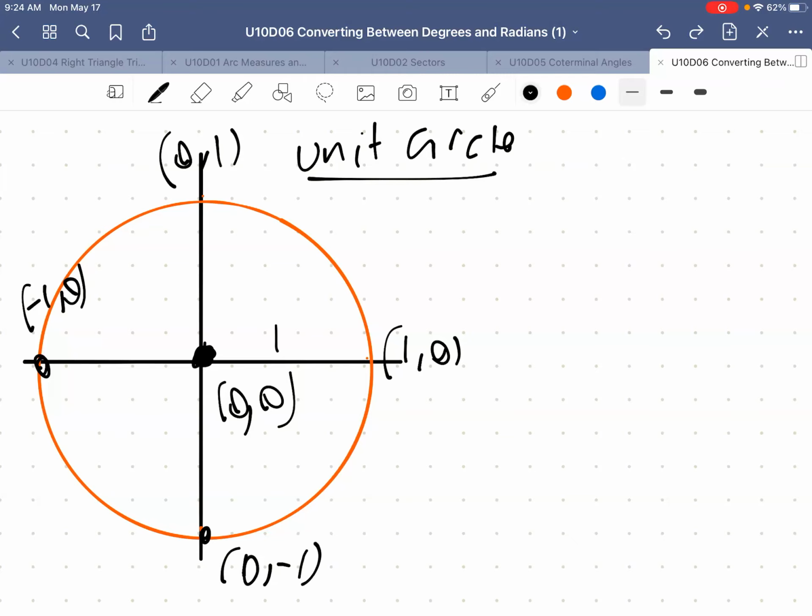Like for instance, we know that this angle is 90, this angle is also 90, this angle is also 90, and this angle is also 90, and that's because we know that 360 degrees is split up evenly into 4 equal parts. If I were to break up the circle into eighths, we can estimate each of these angles as well. So now each of these sections should be 45 degrees.